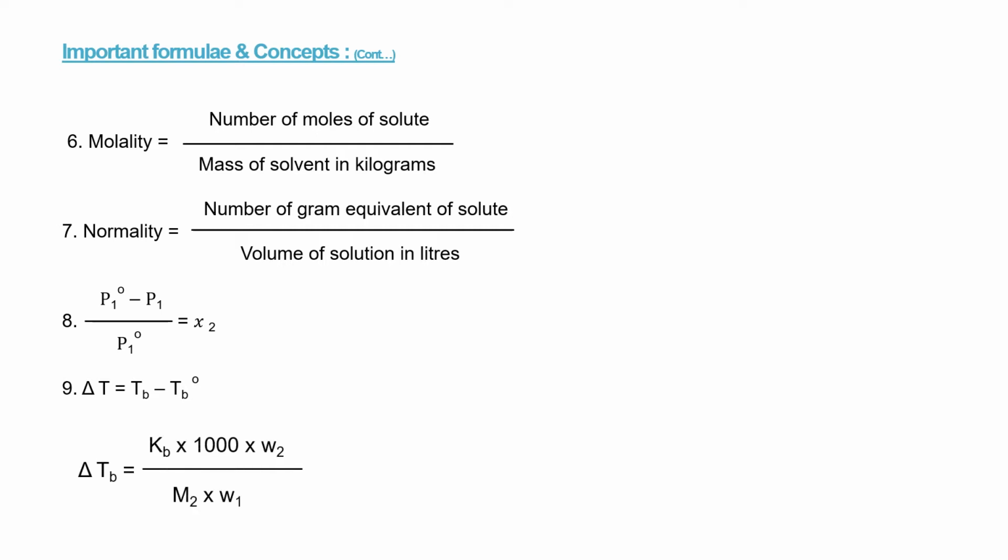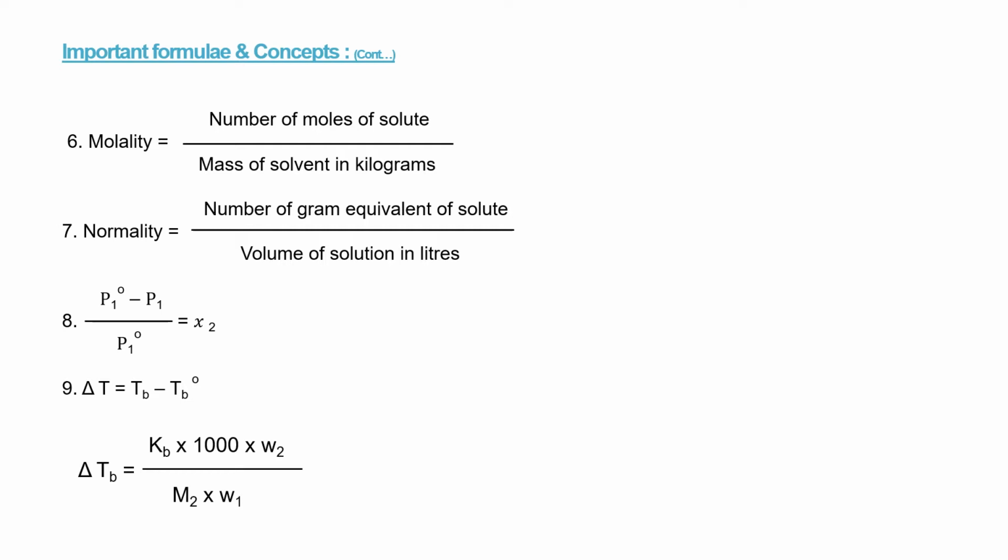Now this delta TB, when you study the elevation in boiling point, is the difference, which is equal to Kb into 1000 into W2 upon M2 into W1. Now in this case, Kb is nothing but the ebullioscopic constant.